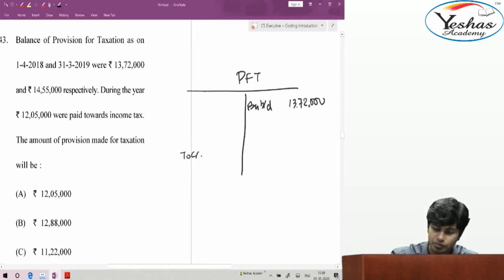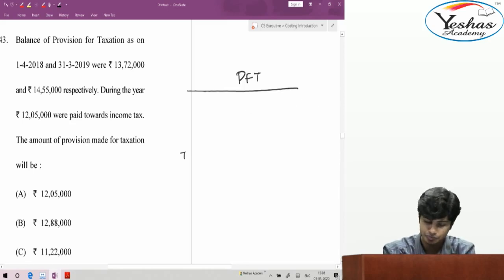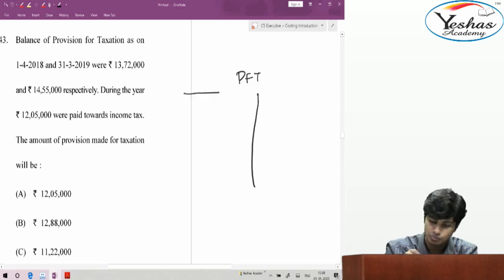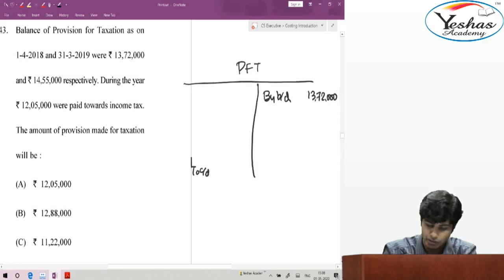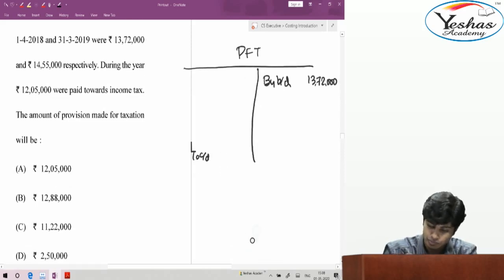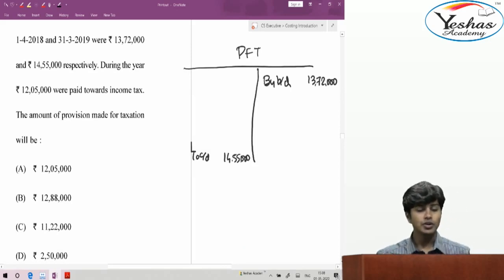To balance carried down, how much is closing? 14,55,000. During the year, 12,05,000 were paid towards income tax.